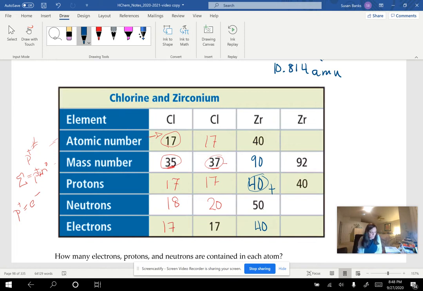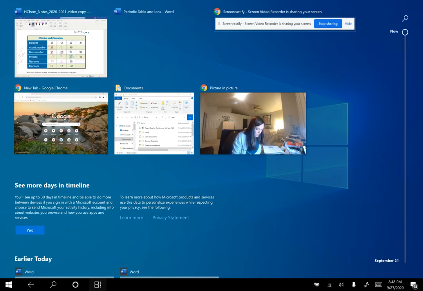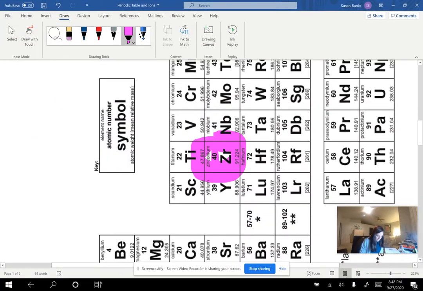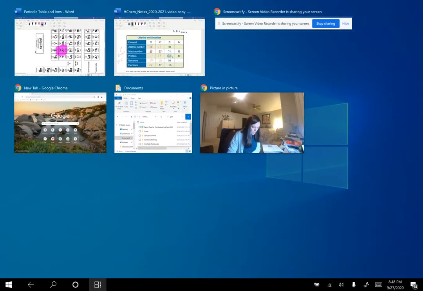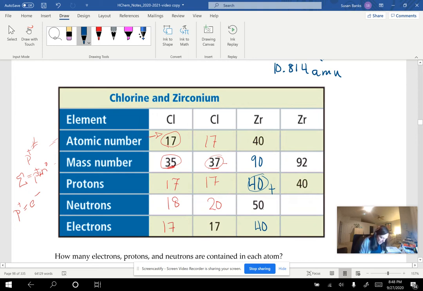Okay, let's look at this next thing of zirconium. Zirconium, once again, always has 40. It always is going to have 40 right here, 40 protons, regardless of what the isotope is. Okay, so we will have 40 protons, 40 protons.